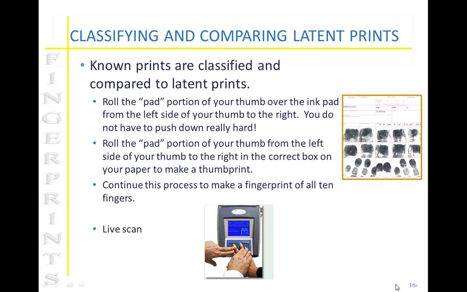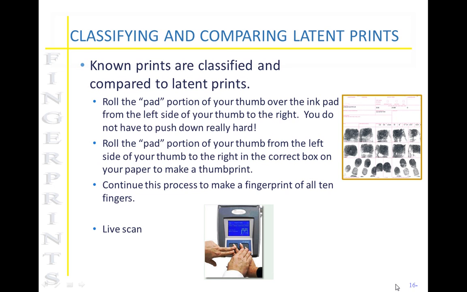So once we obtain our latent prints, they can be classified and then compared to known print cards or scans. Officers can obtain known print cards by applying the pads of the fingers or the thumb to an ink pad and then slowly rolling them onto the fingerprint cards.